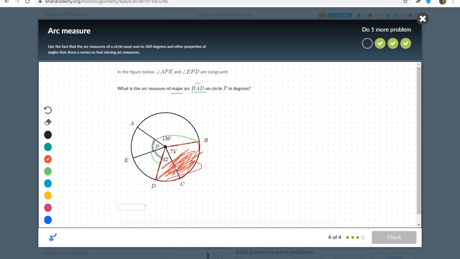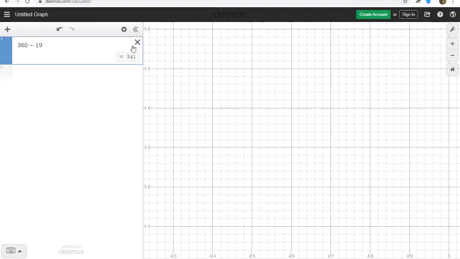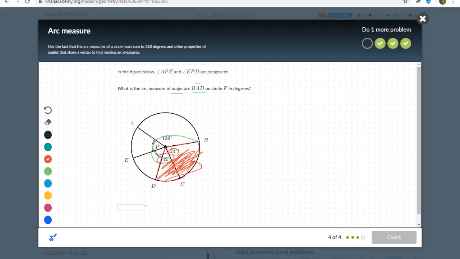We don't want anything to do with it. So take the entire length of a circle, which is 360, and subtract these numbers over here that don't matter to us. So 360 minus 42 minus 74. And that gives us a length of 244.